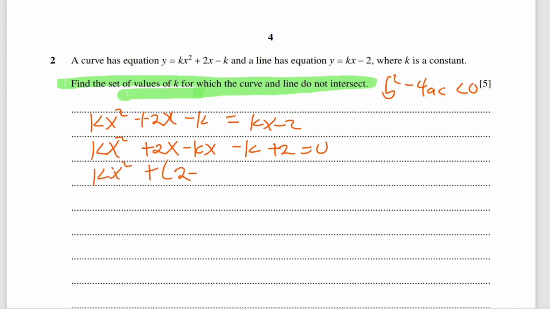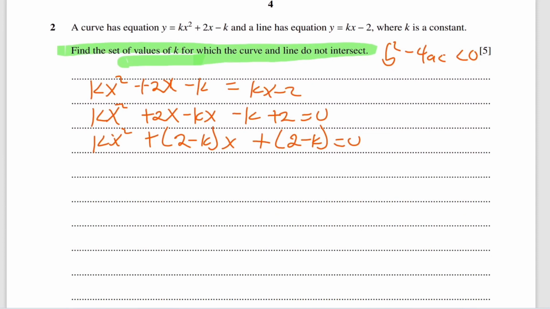So you can factor the x out, and then we have, let me just write 2 minus k. It looks beautiful that way, so that we can have our b squared minus 4ac less than 0. Sorry, it's less than 0, they do not meet.